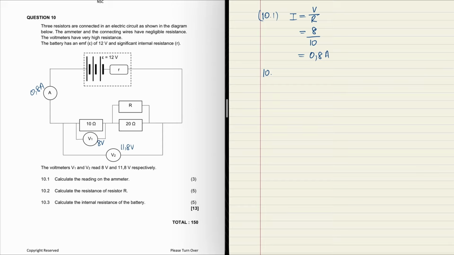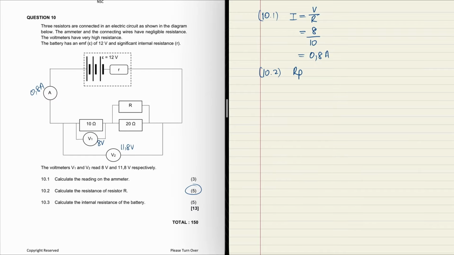Question 10.2. Calculate the resistance of resistor R, and that's worth 5 marks. So resistor R is connected in parallel to the 20 ohm resistor. So what we can do is calculate the effective resistance of that parallel branch.